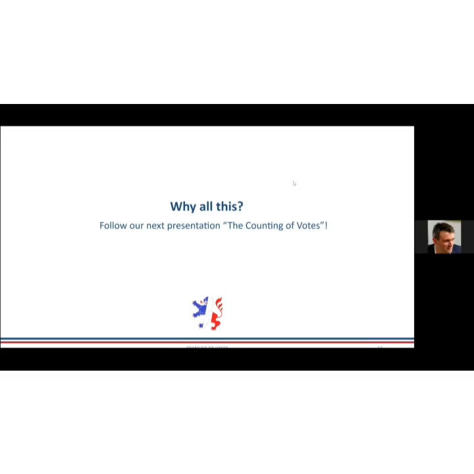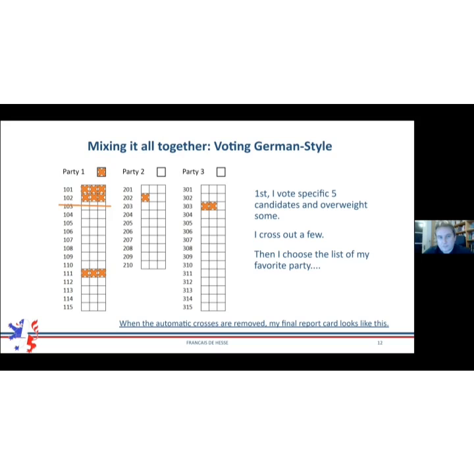If you make 1 cross for the first person, okay, wait a second. Yes, it's better. So if you make 1 cross for the first person of one party and you cross the party, the list will be filled in with crosses, starting with the first person. So the first person will have 2 votes, and the other people will have 1 vote, because you gave an extra vote to this person.